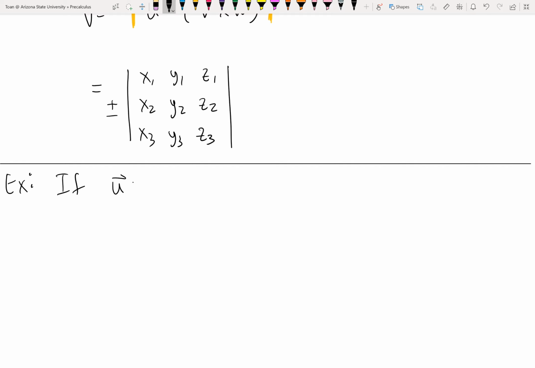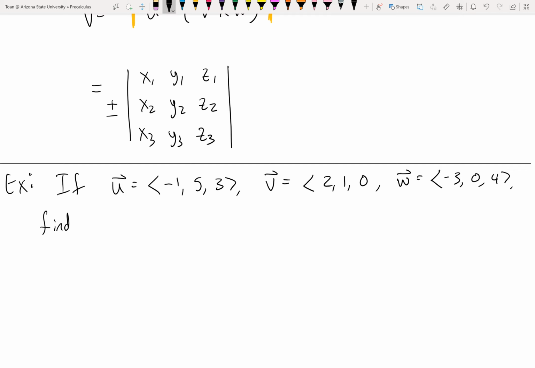If vector u equals, and I'm just making this up, I'm not pulling this from the text, I'm literally just making up numbers, -1, 5, 3, vector v is 2, 1, 0, vector w is -3, 0, 4. Find their scalar triple product.